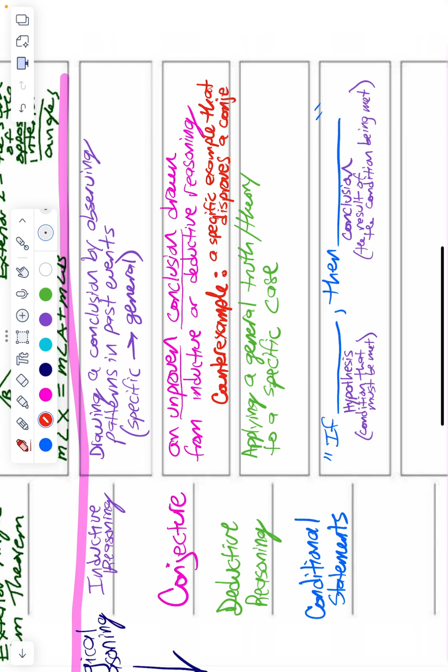So this is a specific example that disproves a conjecture. All right, one more thing to write.